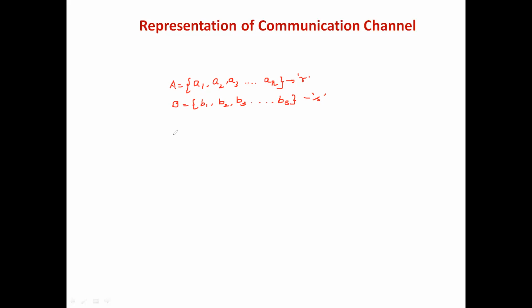In this communication channel, it is always represented by a matrix. So let us see how to represent this communication channel in terms of a matrix, which we call the channel matrix, or you can call it the noise matrix.